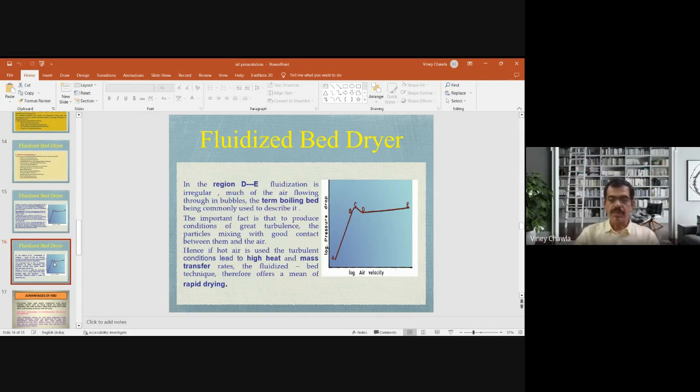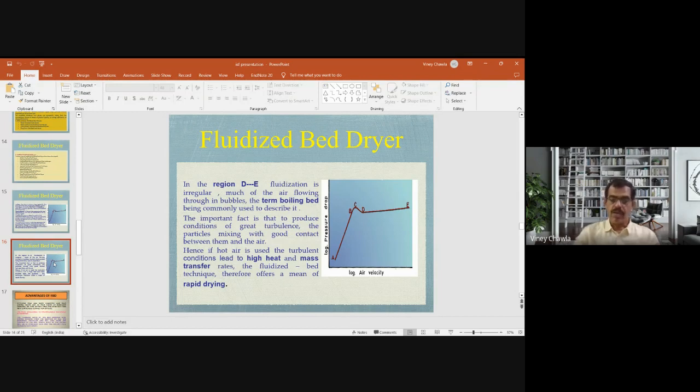Now this region D to E is important. Here fluidization is irregular. Much of the air is flowing through in bubbles. So sometimes we use the term boiling bed of particles to describe this D to E stage.